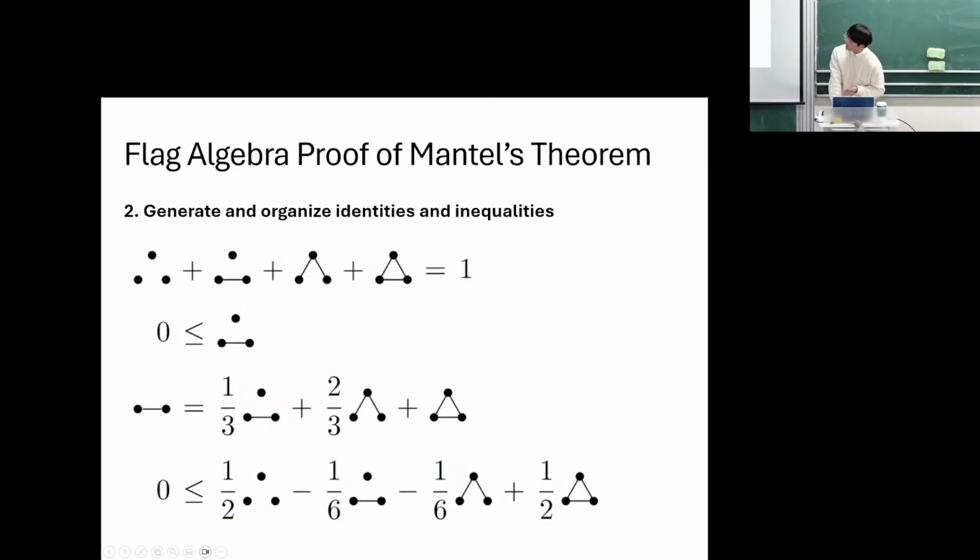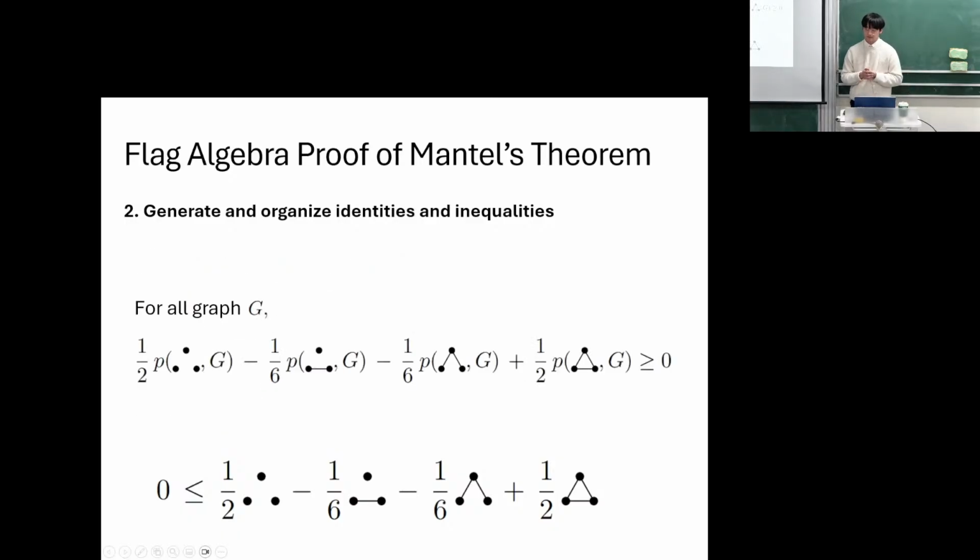Next, let's generate and organize identities and inequalities to prove Mantel's theorem. These are all the identities and inequalities needed to prove Mantel's theorem. The first three expressions are the ones we showed earlier, and the last inequality may look unfamiliar.